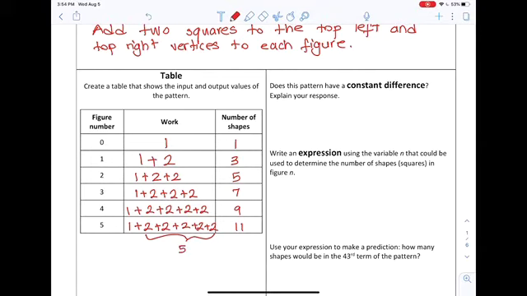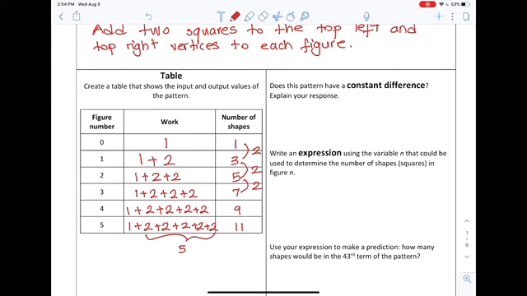Does this pattern have a constant difference? Let's check. To find the constant difference, we find the difference between the second term and the first term, or the next term and the previous term. In this case, our common difference is 2, because 3 minus 1 is 2, and here is also 2.